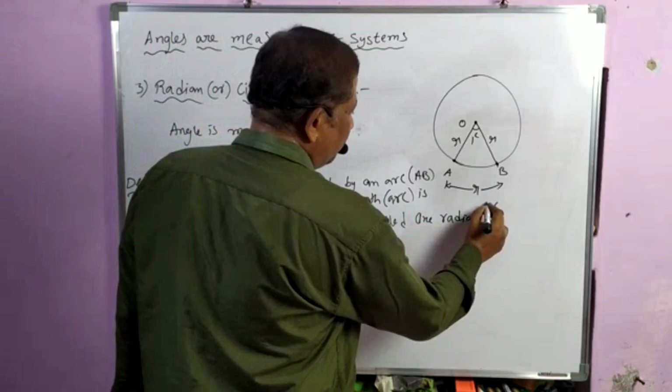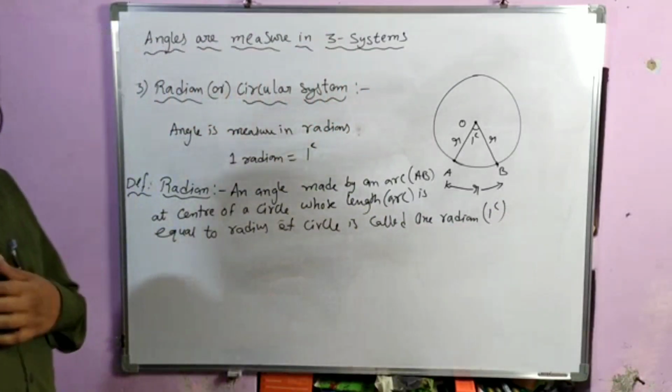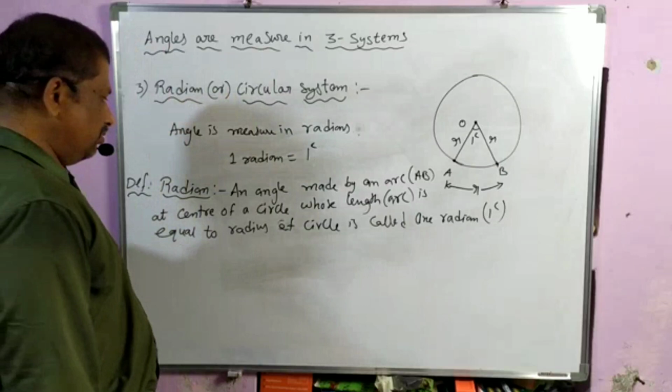It is denoted by 1 power c. Okay, radians are denoted by 1 power c.